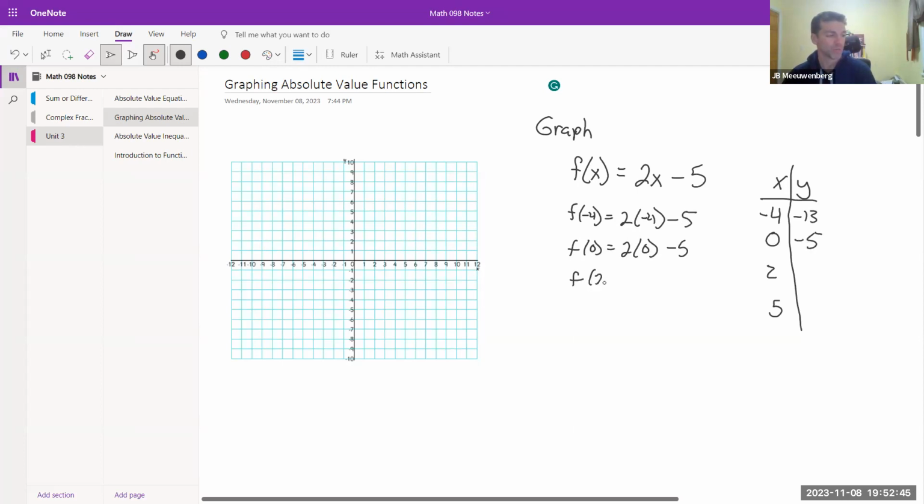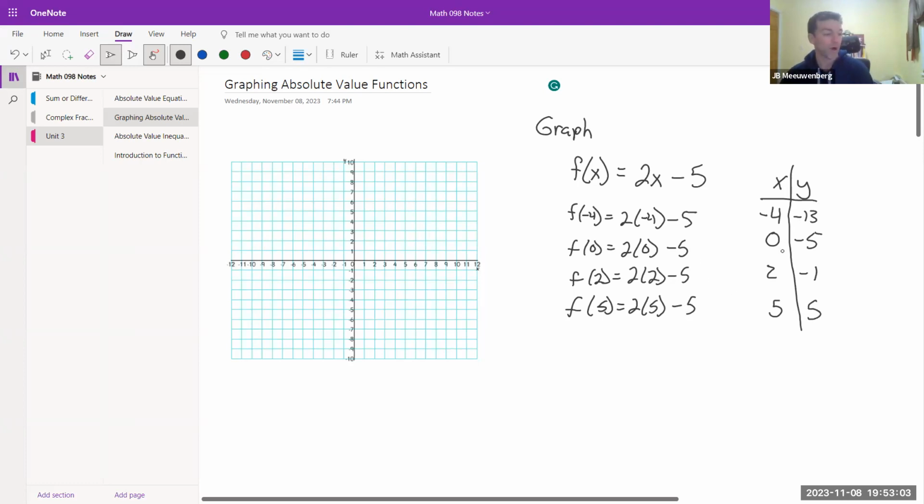F of 2 is equal to 2 times 2 minus 5. 4 minus 5 is -1. And f of 5 is equal to 2 times 5 minus 5, which is 10 minus 5, which is 5.